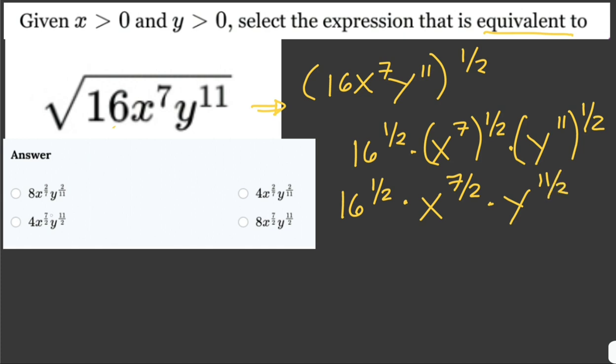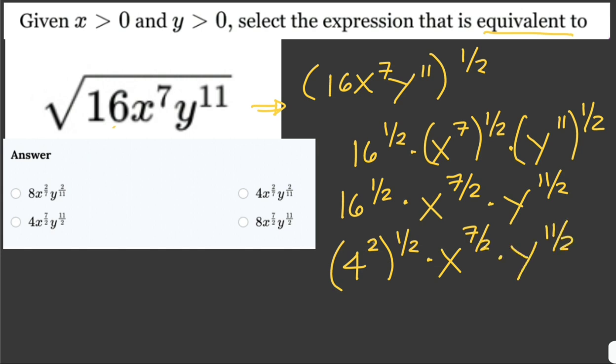Alright, notice here in the choices that we don't have 16, so that means we need to simplify 16 further. We can rewrite 16 as 4 squared, because 4 times 4 is 16. So this is 4 squared to the 1/2 times x to the 7 over 2 times y to the 11 over 2.